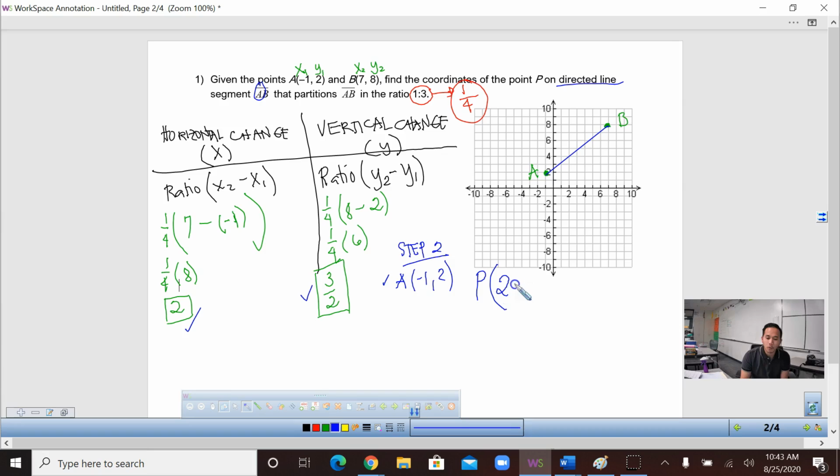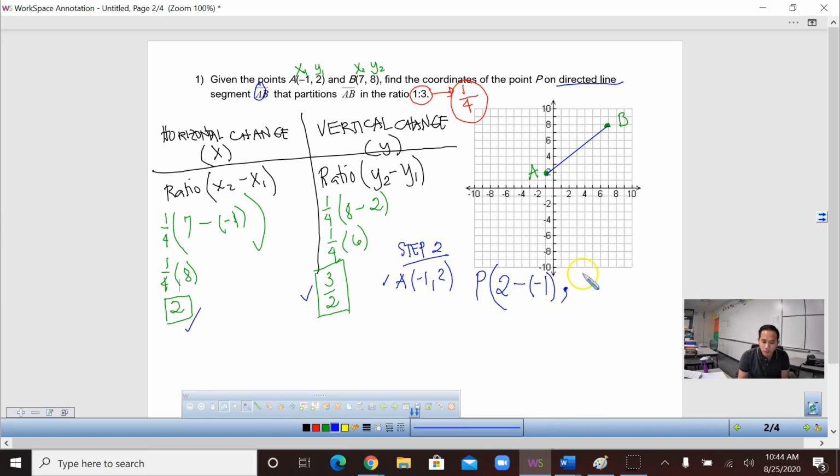And then I'm going to subtract. It's always subtraction on step 2. Subtract that with the x value of A, which is -1. And then I'll put a comma, which indicates that I'm going to move on to the value of y. So 2 minus -1, that's the value of x.